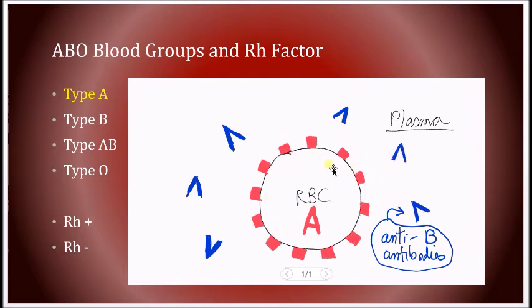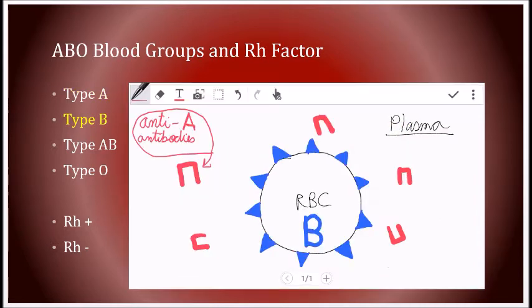If you're type A, then your red blood cells have an A type protein on the surface, and they cannot have anti-A antibodies, because in that case your plasma would be attacking your own red blood cells, and that wouldn't be a nice thing, right? So people who have type A blood have anti-B antibodies in their plasma. Type B people have the opposite.